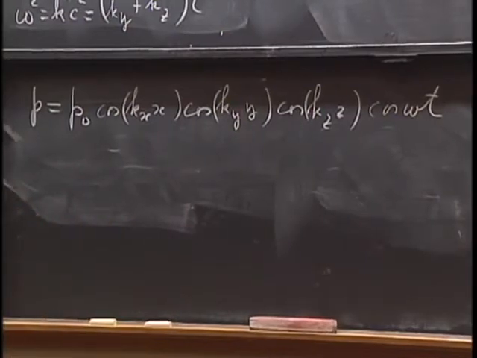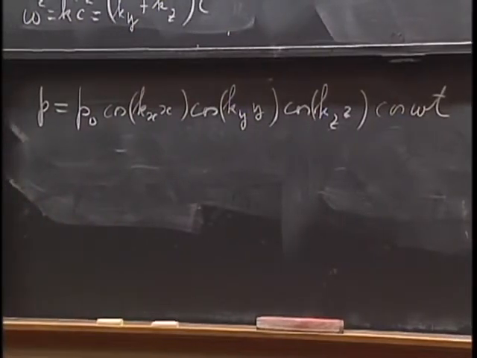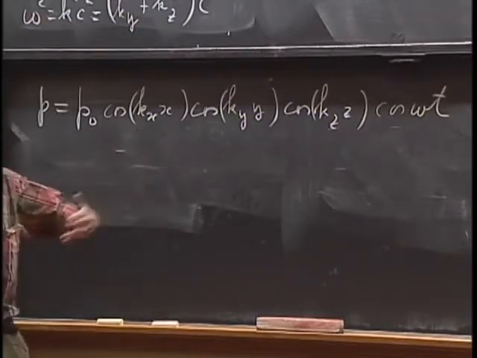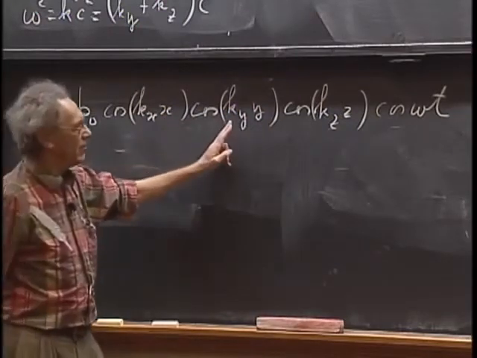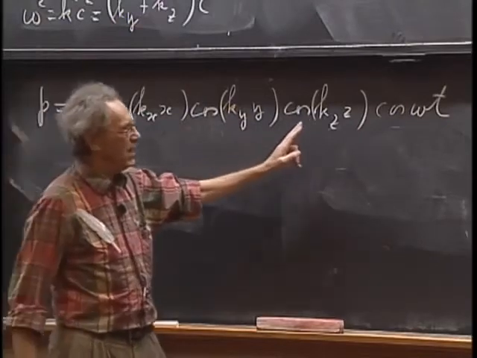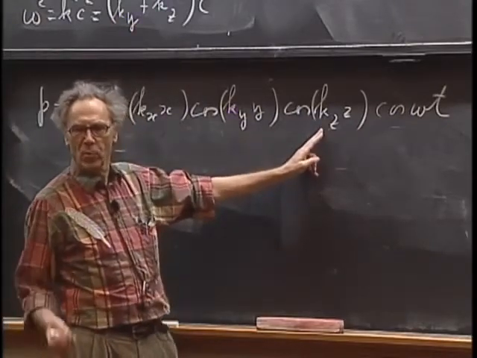And so now, in complete analogy with what I wrote on the blackboard there, I must have pressure antinodes at x equals 0 and at x equals a, at y equals 0 and y equals b, at z equals 0 and z equals c.